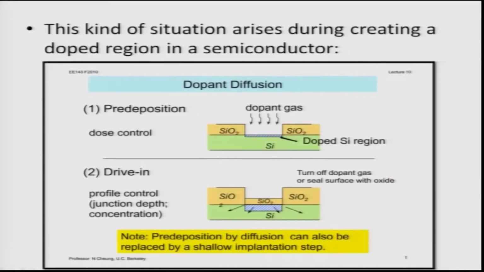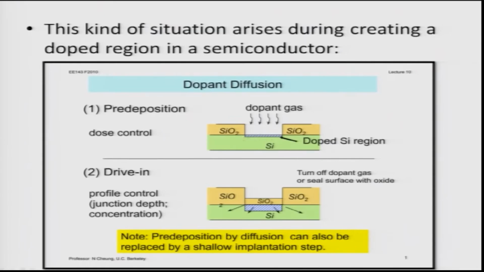One example is semiconductor doping. Suppose we have silicon here, and this is silicon dioxide on the surface, and you want to dope this region of silicon with some boron or, let us say, phosphorus or whatever. We just put in a gas, and this gas will allow the dopant to diffuse into this.